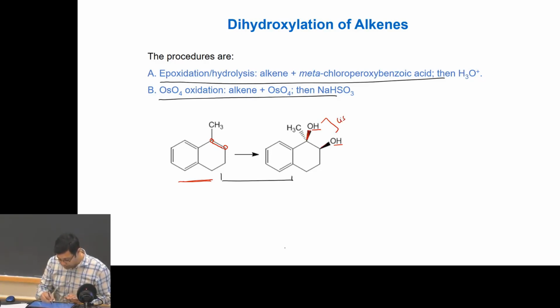Both have bold bonds. Now the reagent we have learned that can perform this transformation is osmium tetroxide. Osmium tetroxide dihydroxylation will always give cis 1,2 diols. So the reagent that will give this transformation is reagent B.